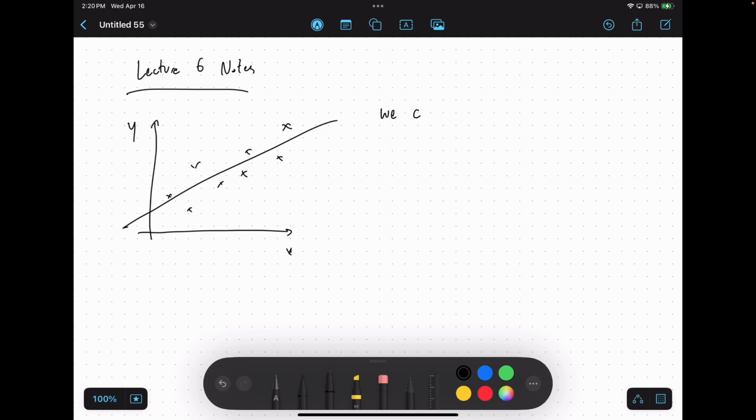One way I want to explore this concept is thinking about how we can create a better fit by adding more explanatory variables.